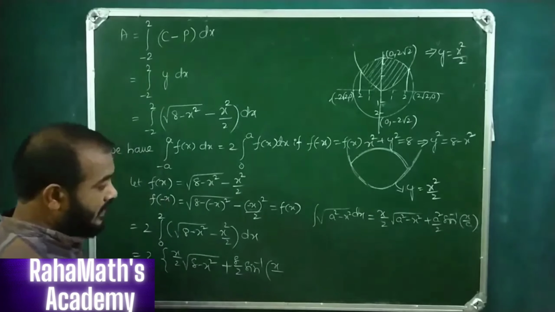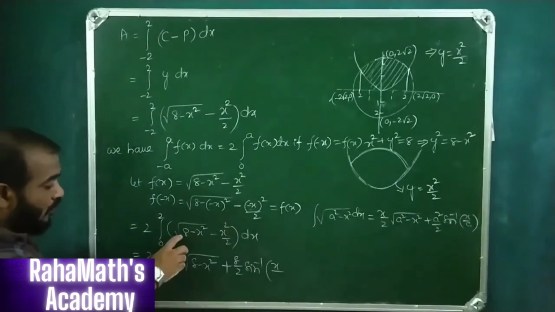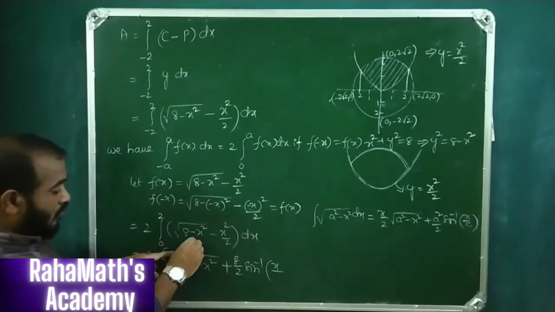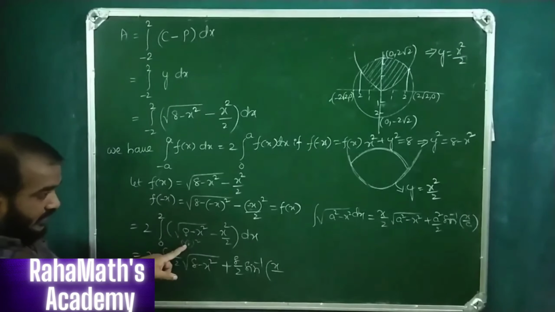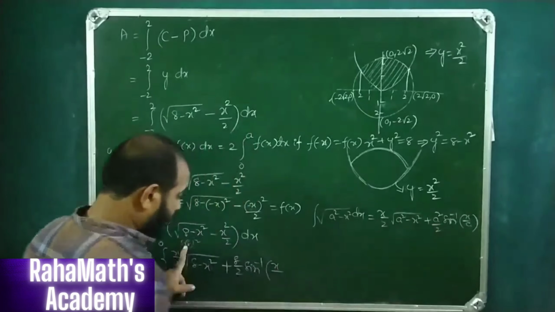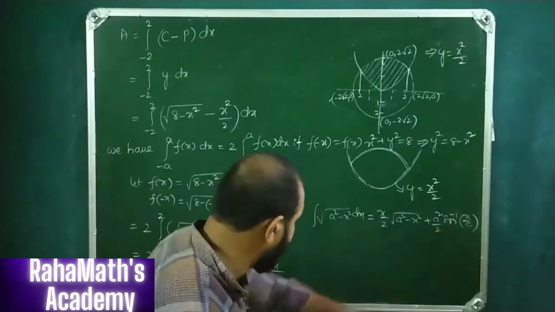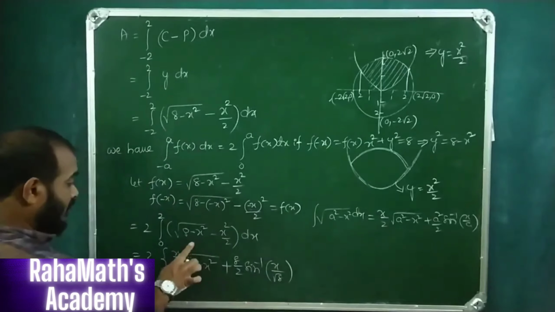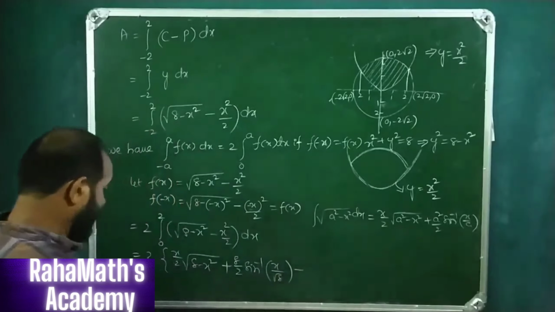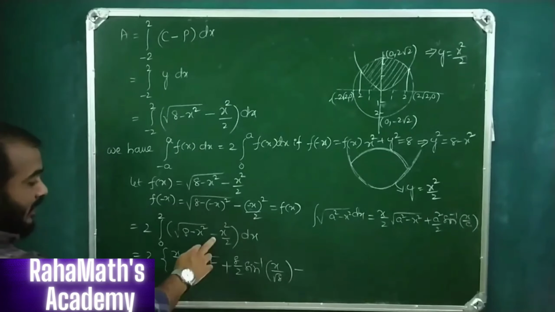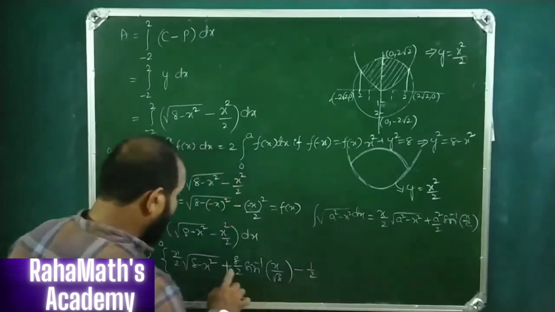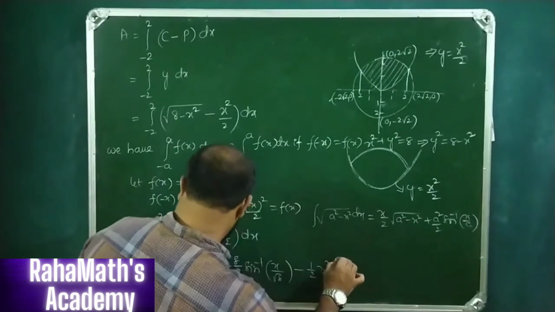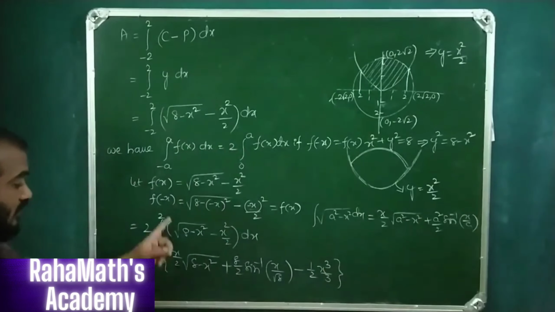Here a square is root 8 whole square, therefore a is root 8. Then minus 1 by 2 times the integral of x square dx, which is x cube by 3. Therefore, the integration process is over.